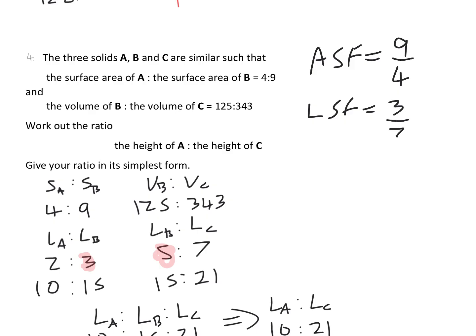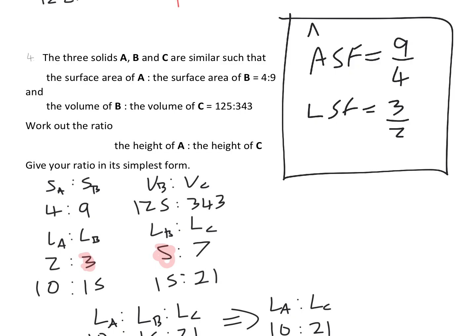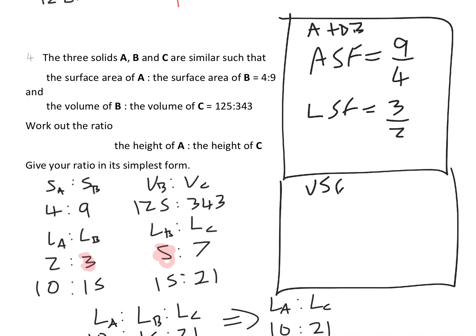Now I suppose it's important to put that in the box and say that's from A to B. It's not for, because there's different things going on. Then if we look at the volume scale factor, but again this is from B to C, not A to B this time, so it's important we just don't think it's all one thing.